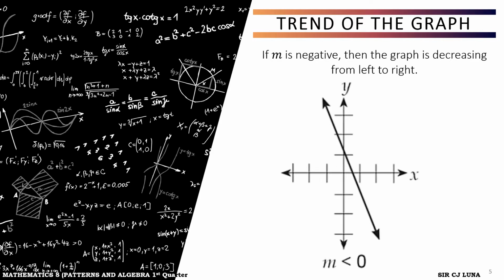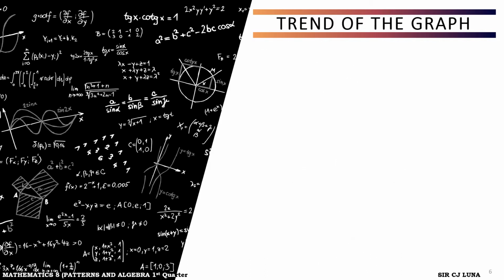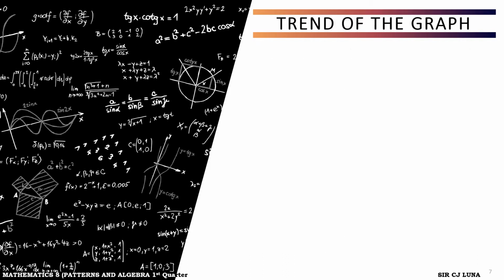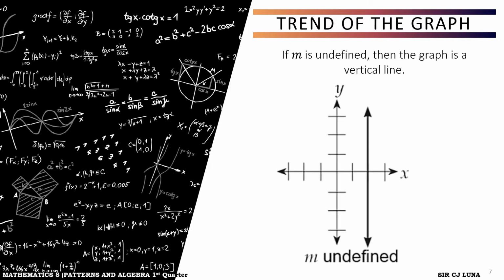So, ganyan naman ang graph natin, ang trend ng graph natin kapag ang slope mo ay less than 0. If the slope is 0, then the graph is a horizontal line. And if the slope is undefined, then the graph is a vertical line.